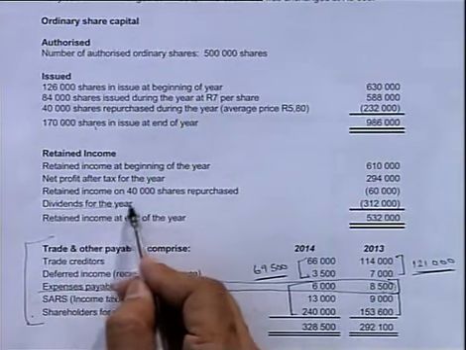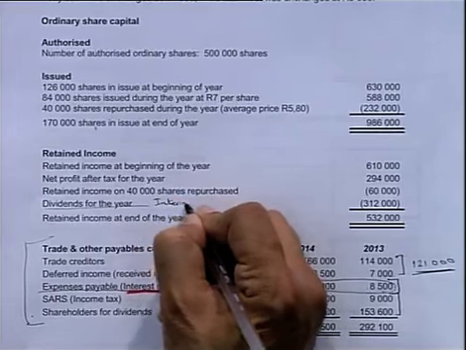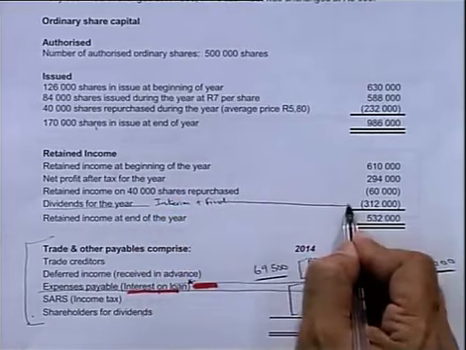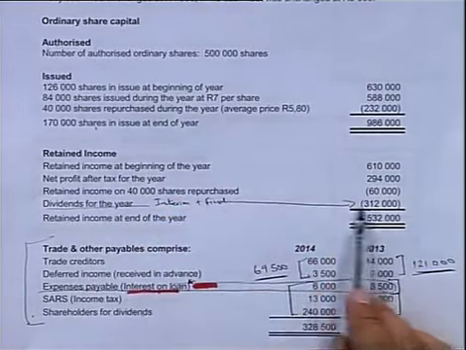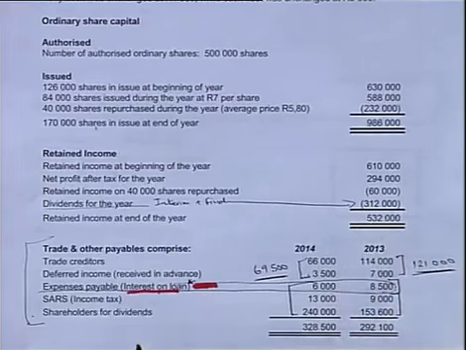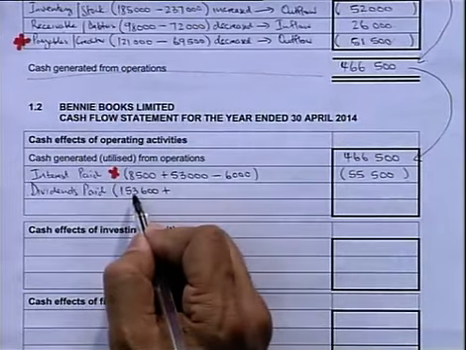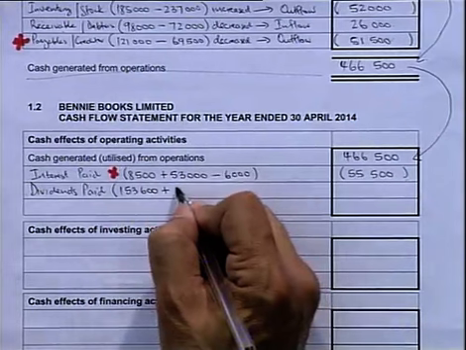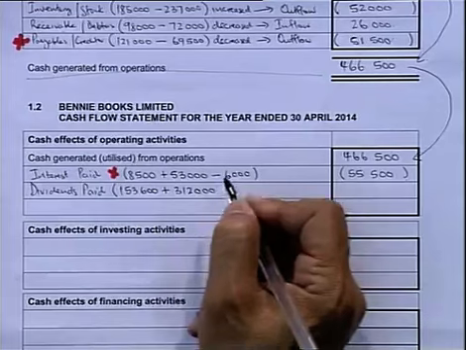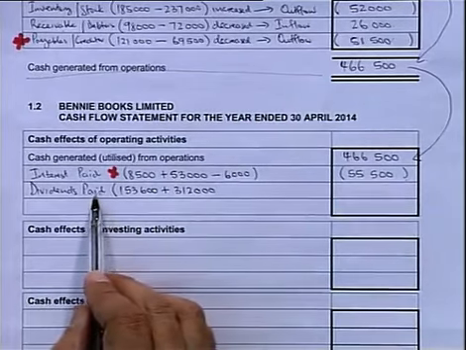It says dividends for the year, meaning interim and final. That's together. So together, the interim and the final dividend make up 312,000. So my dividends will be the opening balance of the shareholders plus the 312,000. That's the dividend for this year that was paid and declared. But what we're looking for is only the paid portion.